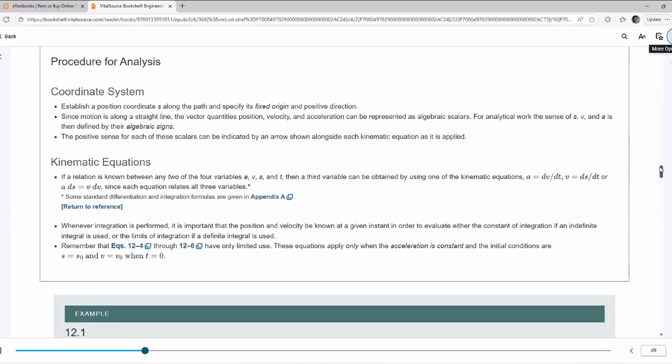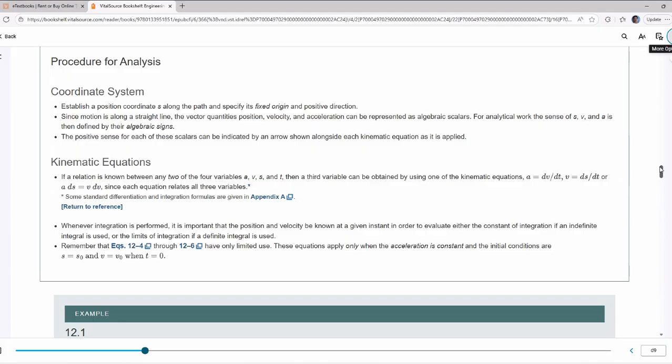Vertical axis up is usually positive. But if something is falling down, then downward would be positive. In the gravitational case it is not always so; the direction of motion is set to be positive.